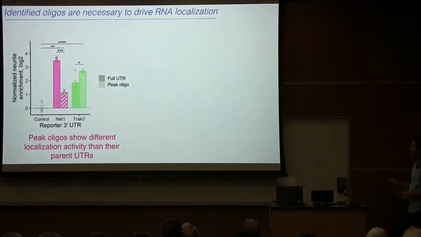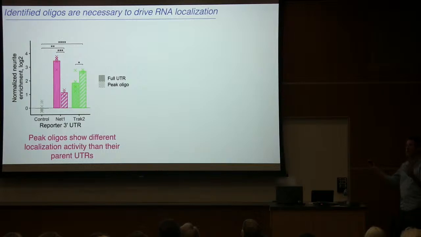Very interestingly, we then compared the activity of this peak oligo to the activity of the full 3' UTR that it was derived from. And these peak oligos often had very different activity than the full 3' UTR. So this implies that yes, these are sufficient, but there are other sequences within the 3' UTR that are required for full activity, even though those other sequences aren't sufficient on their own, right?